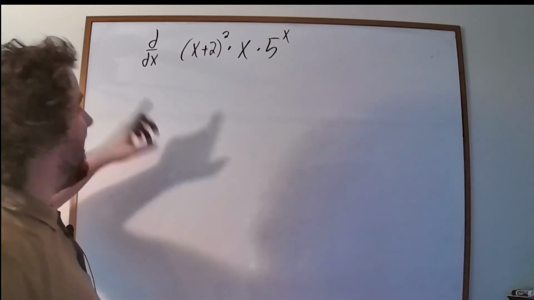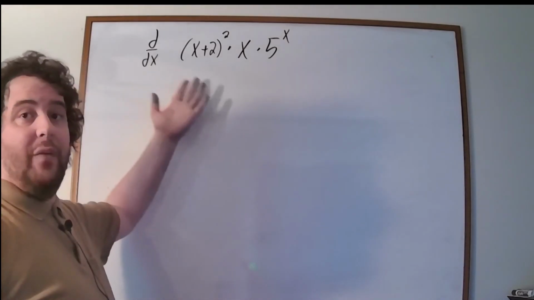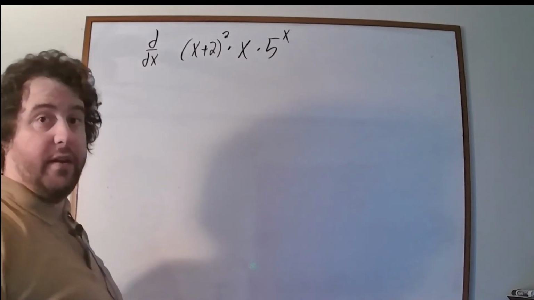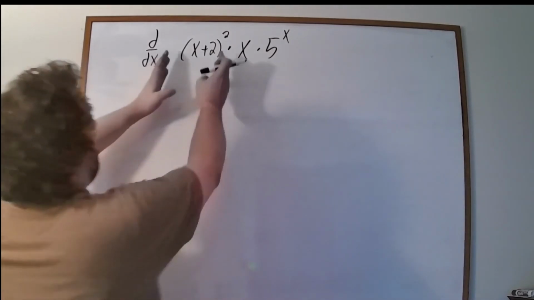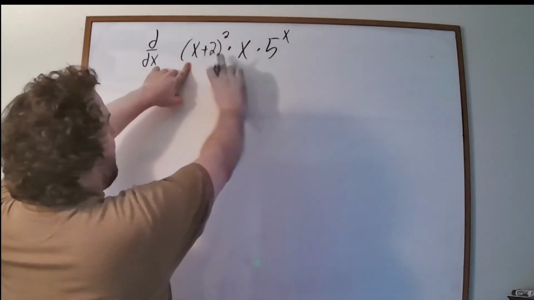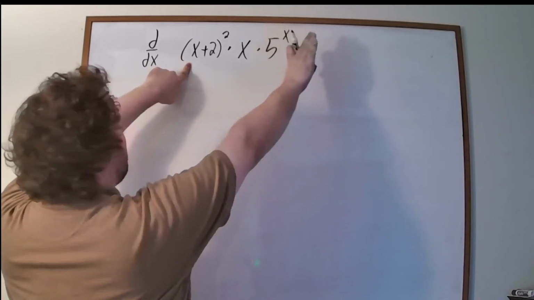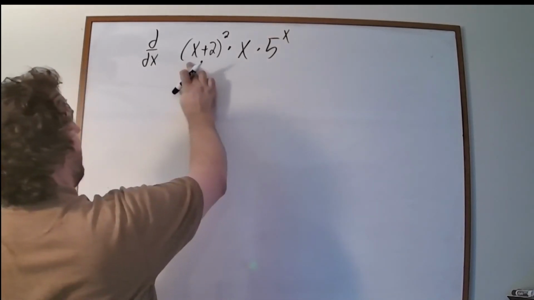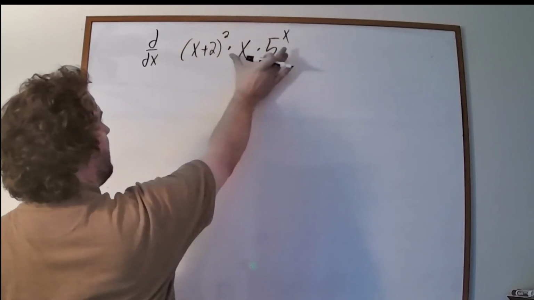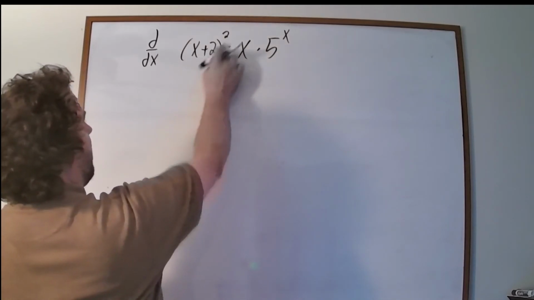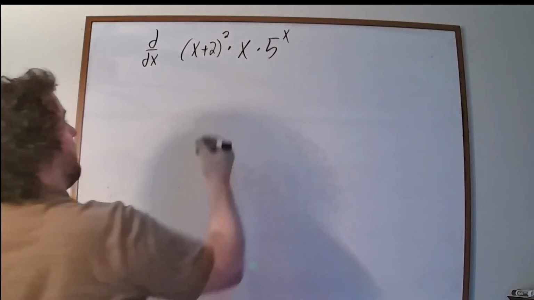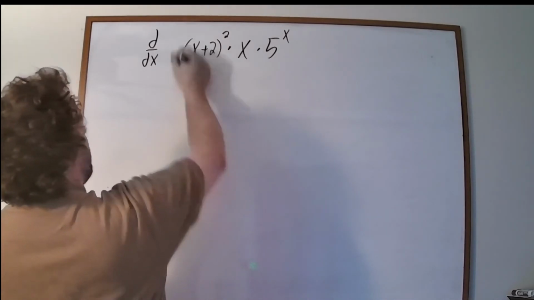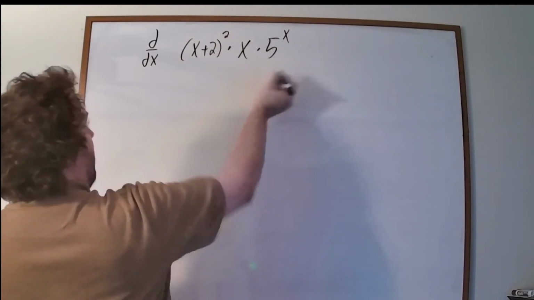But using this trick, we can work out the derivative of this triple product immediately. We treat this x as a variable and these as constants. And so the derivative of this is just a constant times (x plus 2) squared. So the derivative is just going to be the derivative of (x plus 2) squared times that constant.